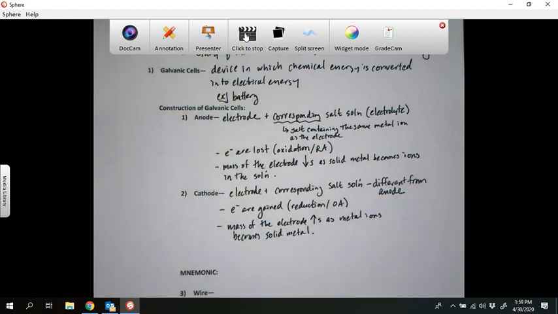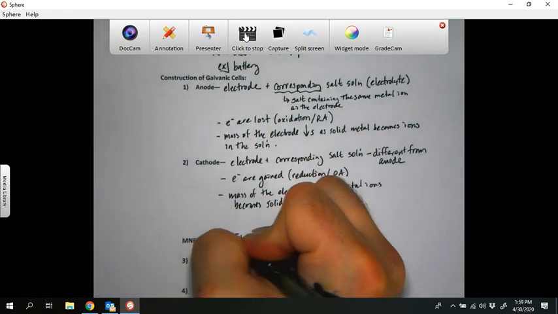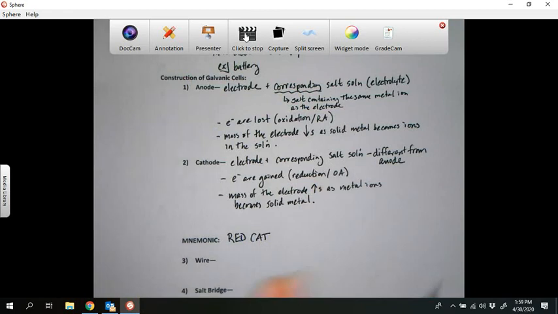So those are the two major parts. And there's a little mnemonic that can be used to help remember this. Red cat. So reduction happens at the cathode. So if you just picture a red cat, then that might be able to help you that, okay, reduction happens at the cathode, which means oxidation happens at the anode.